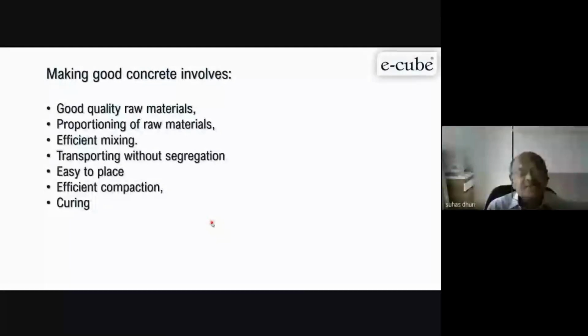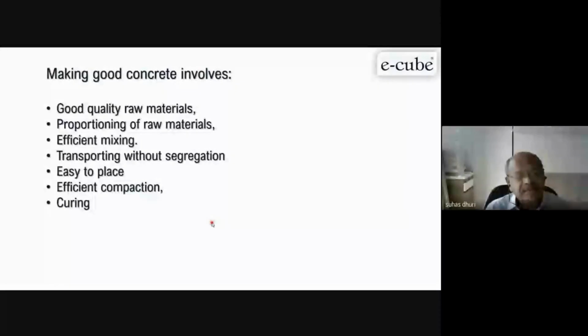But nowadays in batching plants, we have excellent mixers, like the pan mixer, or we have twin shaft mixer or single shaft mixer. They are highly efficient mixers. Why this efficient mixing is required is basically, when you are making a concrete, earlier we were using only cement, water, fine aggregate, coarse aggregate.